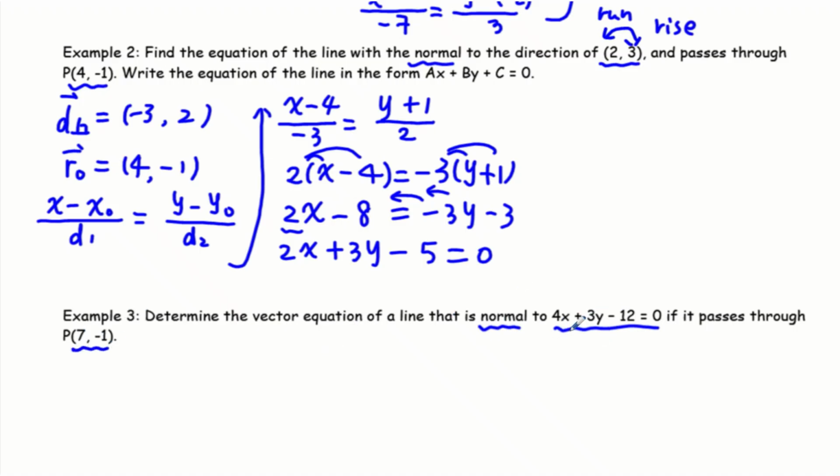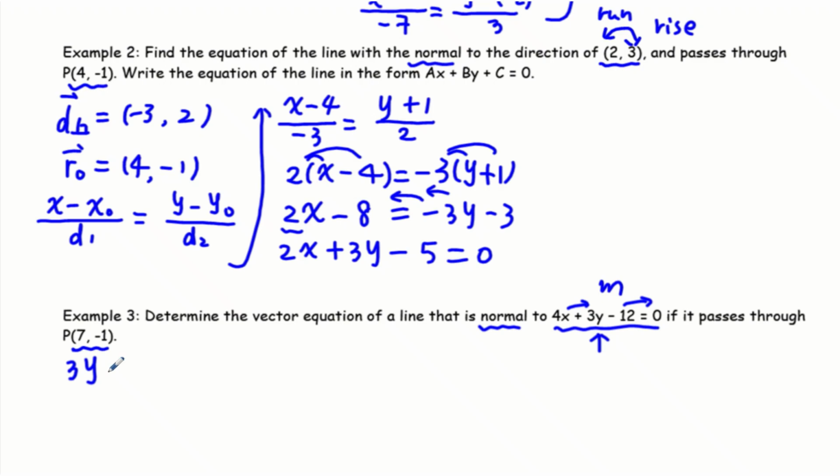Okay, so 4x plus 3y minus 12 equals 0. So we are going to isolate y, then we could find the slope. Okay, this is what we want to start. Isolate y, so move the x and the negative 12 to the other side.